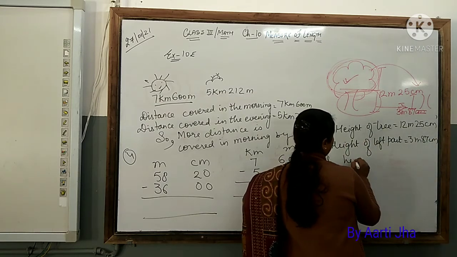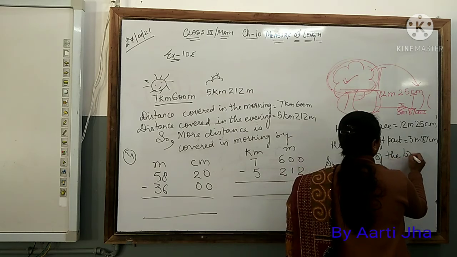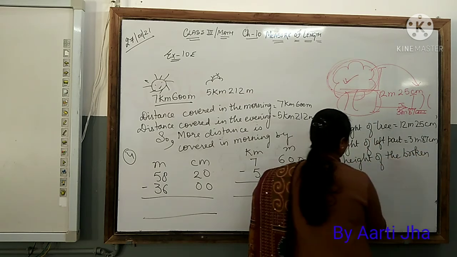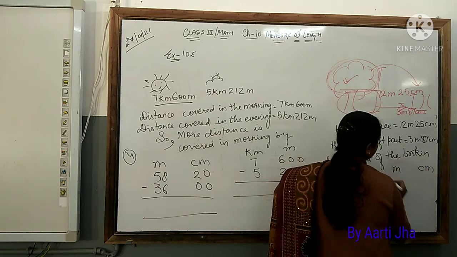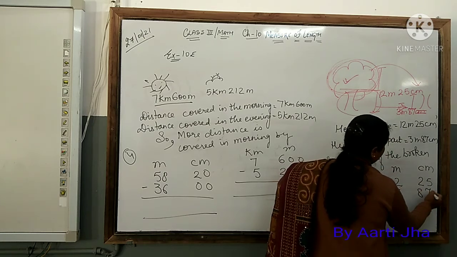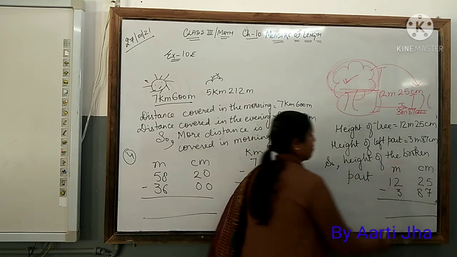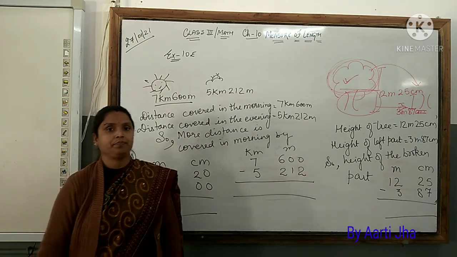So height of the broken part will be, first write down meter and centimeter, 12 here, 25 here, 3 here, 87 here. Do the subtraction and find out the length of the broken part.